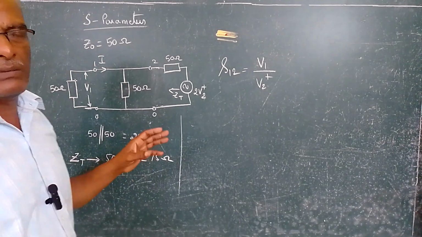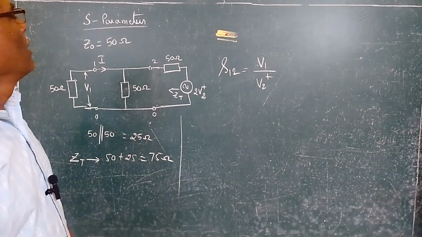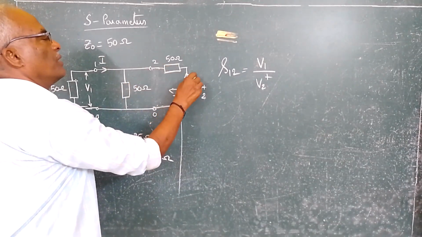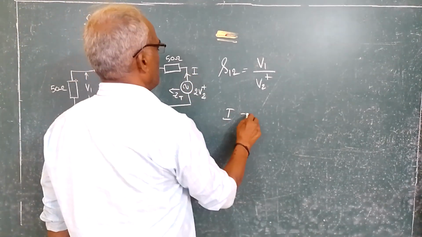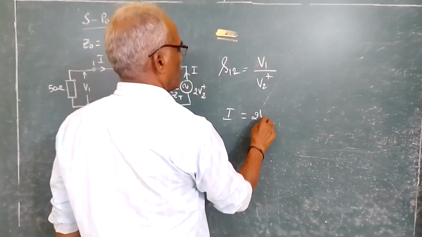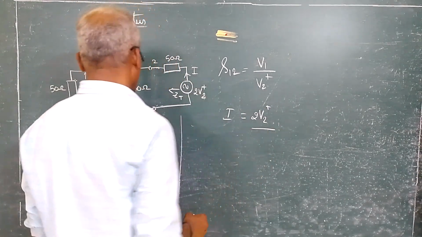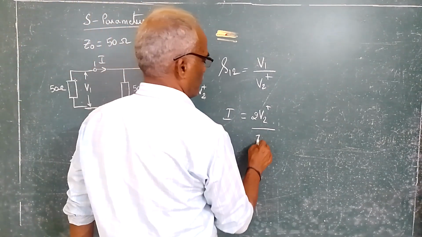You will get the same answer because it's a symmetric network. Now the current, I call it I. I is equal to V, where V is 2V2 plus, divided by this total impedance ZT, which is 75.